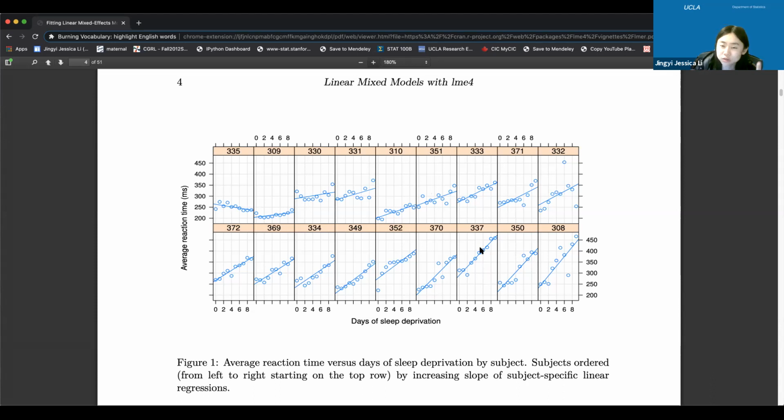Using the linear mixed effect model, you still get a slope per subject, but that slope is different from just running regression within each subject. It is also different from the common slope across subjects. What you get will be in the middle of those two types of slopes, the purely specific slope and the common slope. So you borrow information to some degree, and you also use each individual's information.